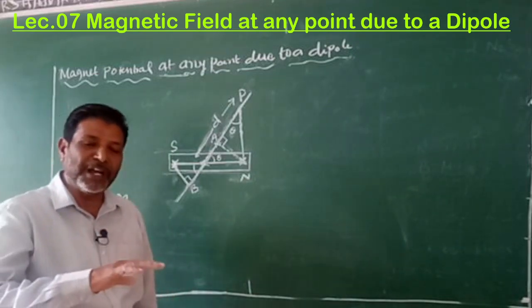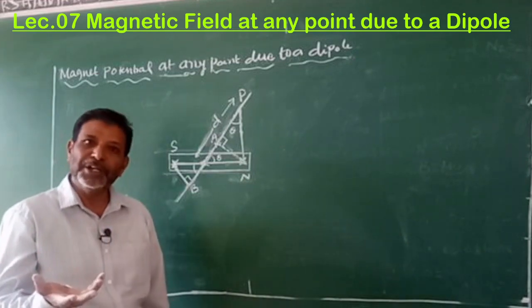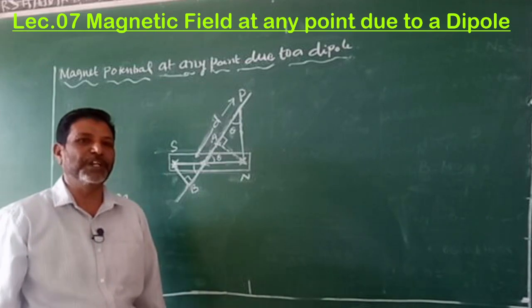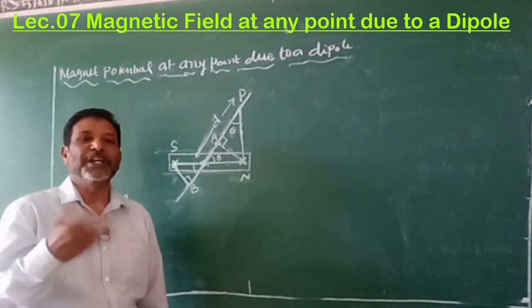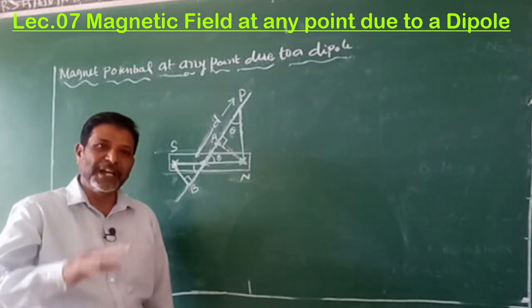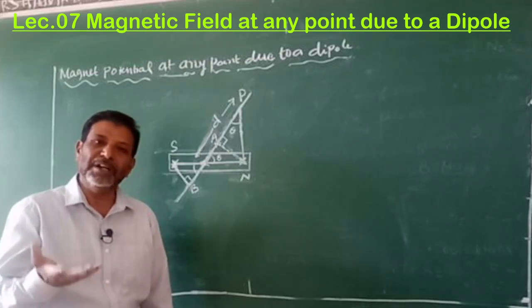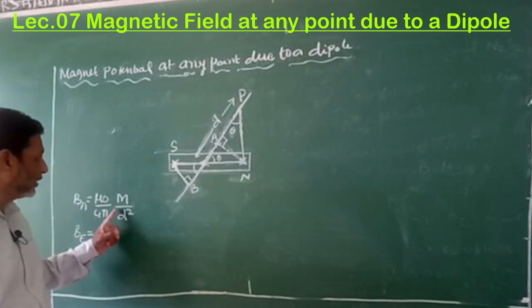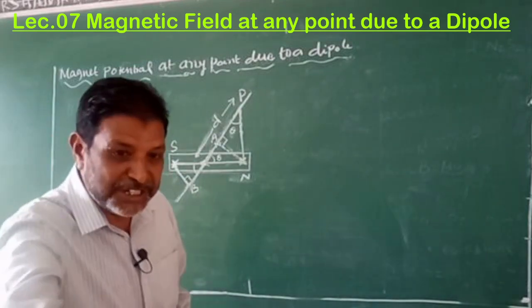It may be on the axial line or on the equatorial line. By using that general formula, you can calculate the potential on either line very easily.